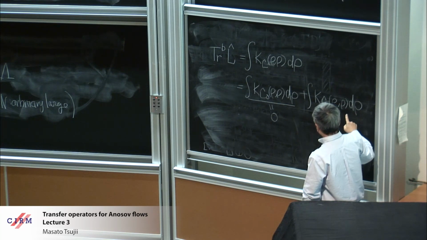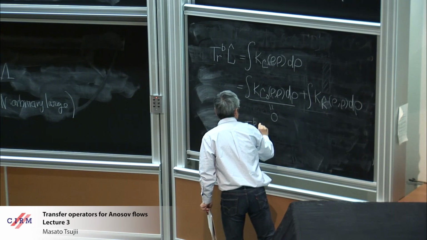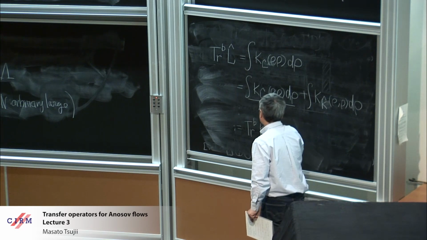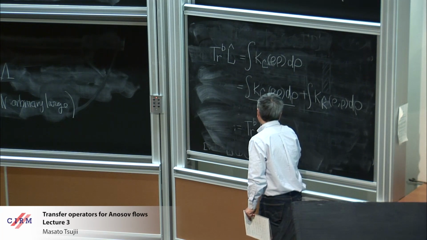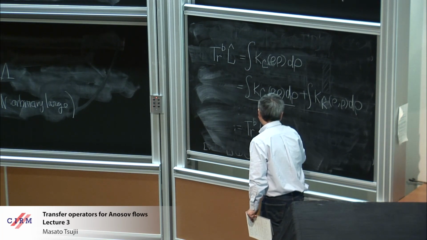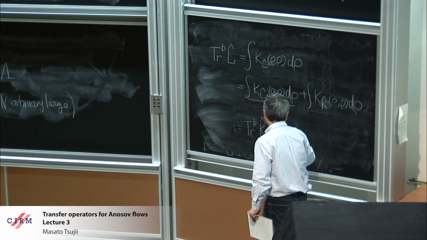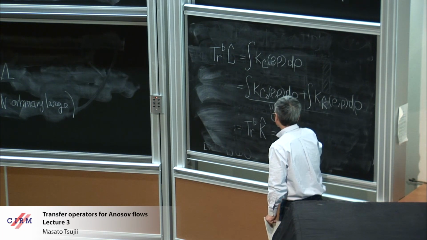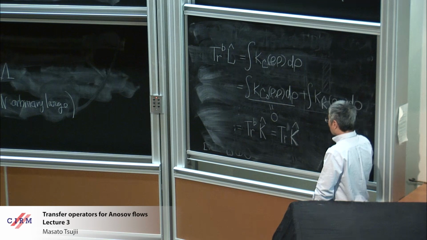On the other hand, we can write it as a flat trace of the operator K hat. This is just a definition. But since this is a compact, or trace class, operator, it is known that this is quite close to finite rank, so we can define the trace of the operator K hat in a legal sense.